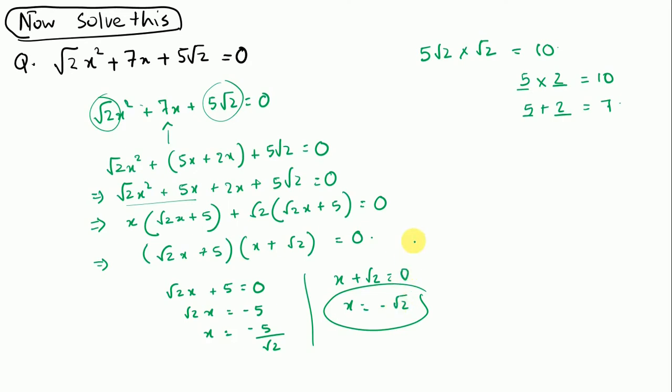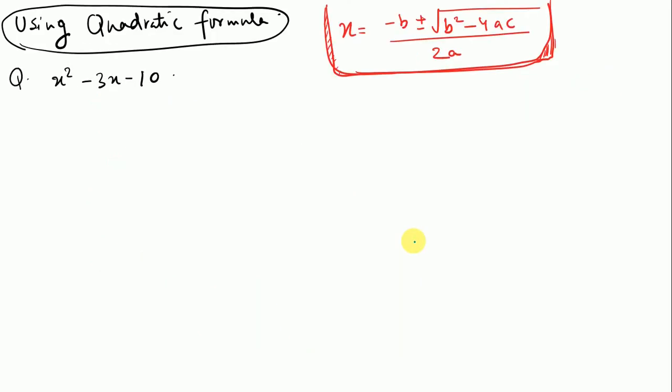Now let's see the other method, that is using the quadratic formula. Our quadratic formula is x equals minus b plus minus root over b square minus 4ac by 2a, where this b square minus 4ac is called the discriminant, which we will be discussing a little later.